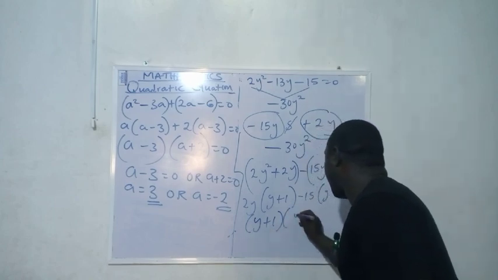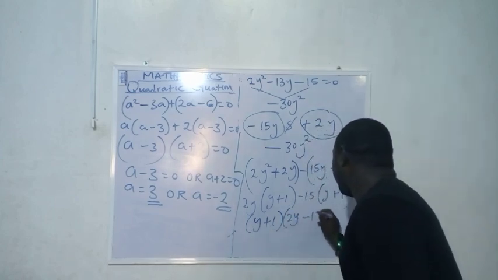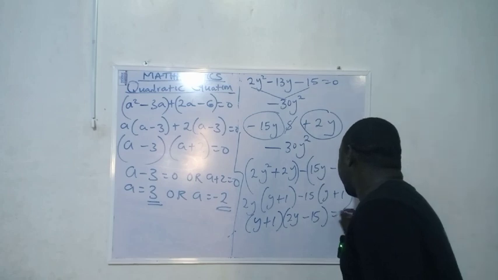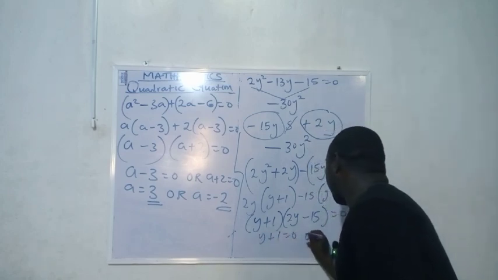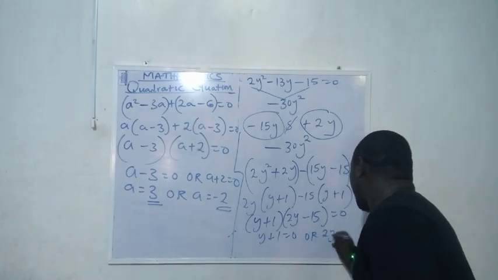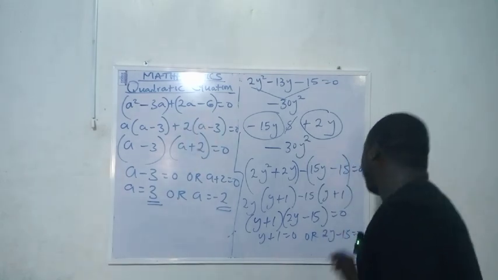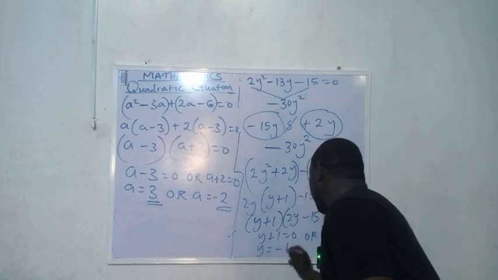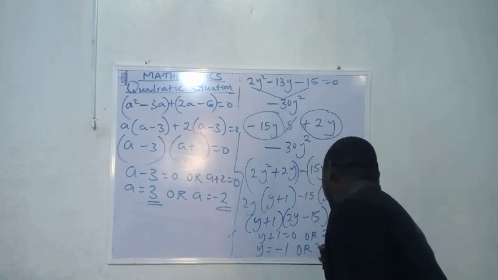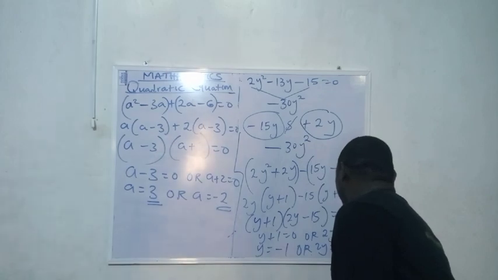And then I have 2y minus 15 equals 0. So this y plus 1 equals 0, or 2y minus 15 equals 0. So my y therefore is minus 1, or my 2y is 15.